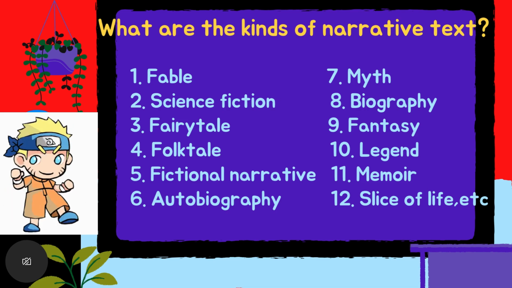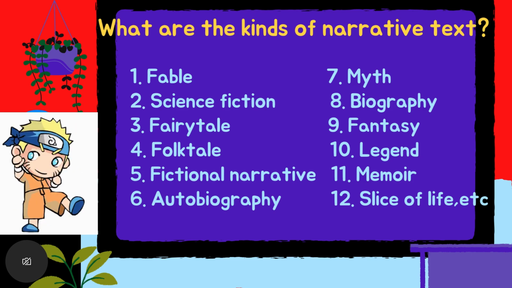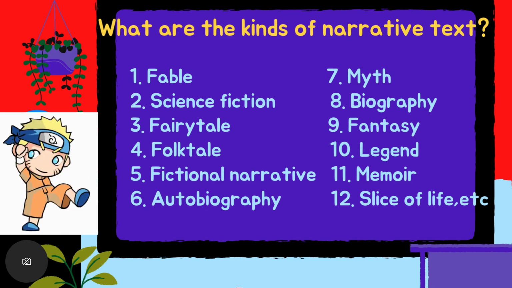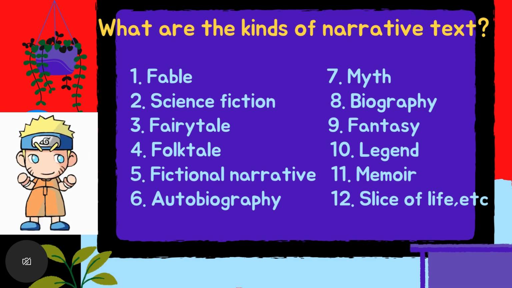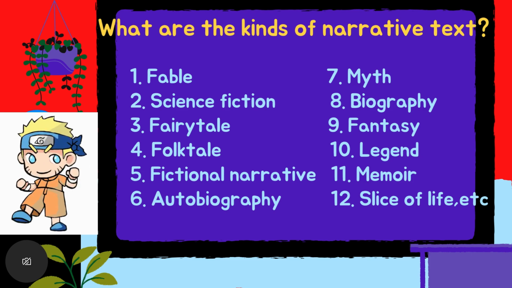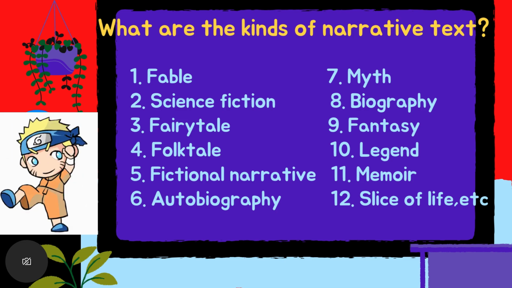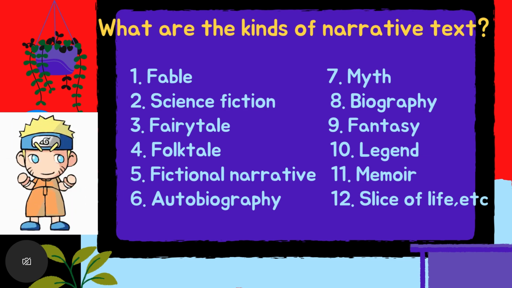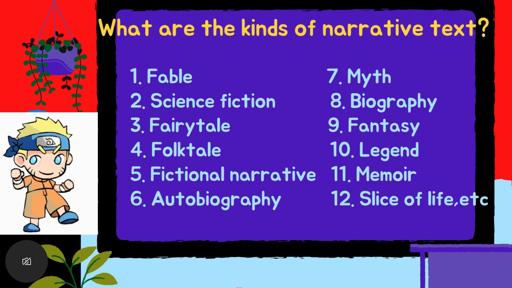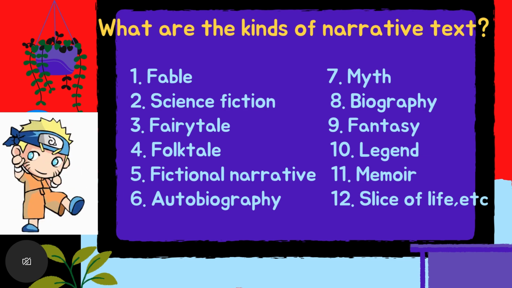The kinds of narrative text are: number one, fable; number two, science fiction; number three, fairy tale; number four, folk tale; number five, fictional narrative; number six, autobiography; number seven, myth; number eight, biography; number nine, fantasy; number 10, legend; number 11, memoir; number 12, slice of life, etc.